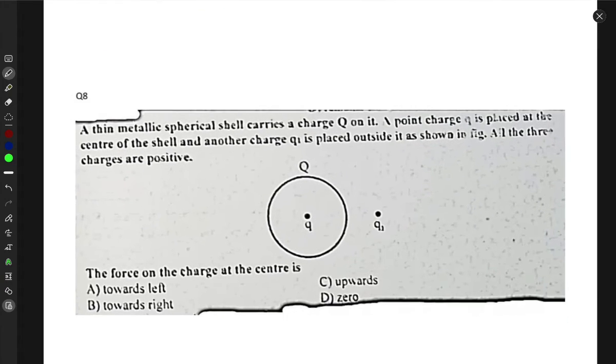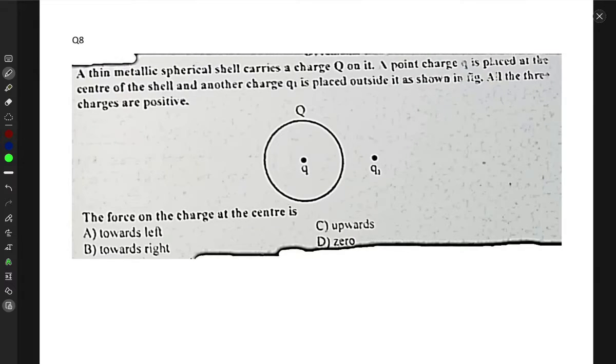Alright, so moving on to question number 8, we have that a thin metallic spherical shell carries a charge Q on it. So there is a spherical shell, it's made up of metal, and on the surface it has a positive Q charge on it. A point charge Q is placed at the center of the shell.